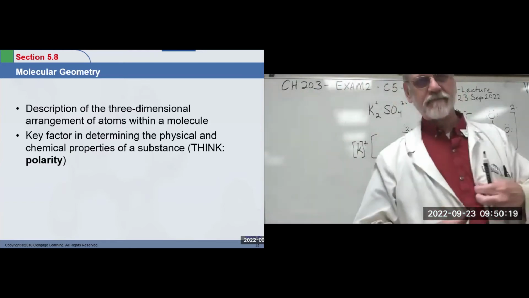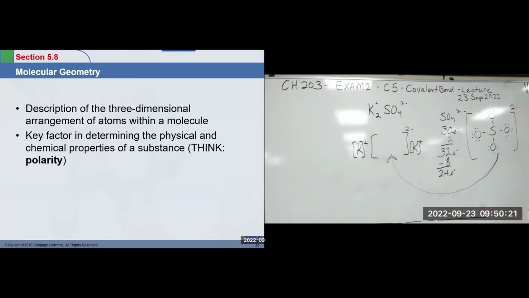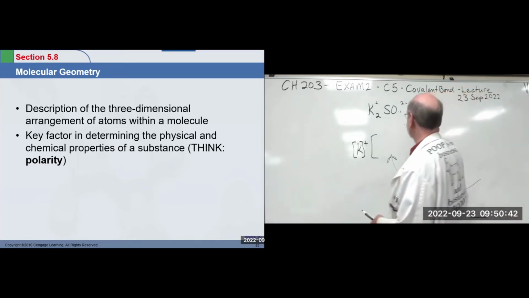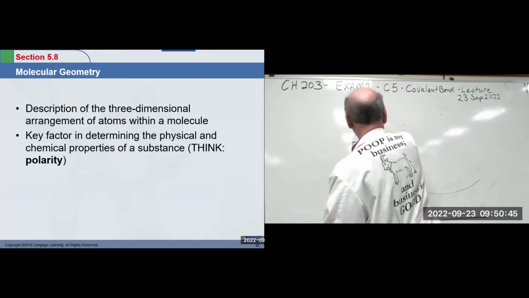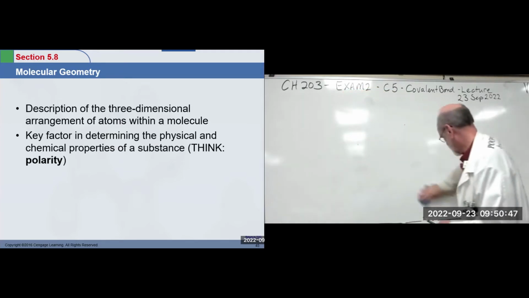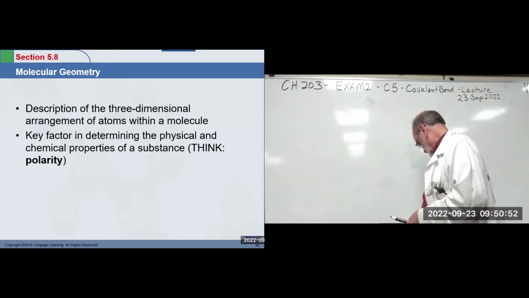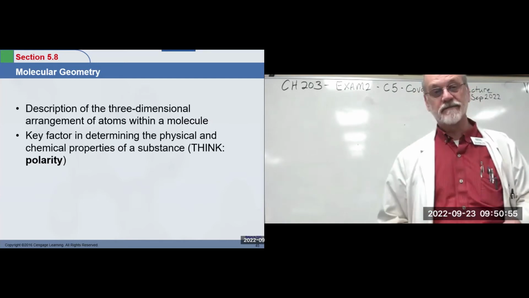Now we're going to use this information to try to get a picture of what these molecules look like in 3 dimensions. Their molecular geometry. We're going to keep it real simple because this is one of those chemistry topics that can get complicated real fast.